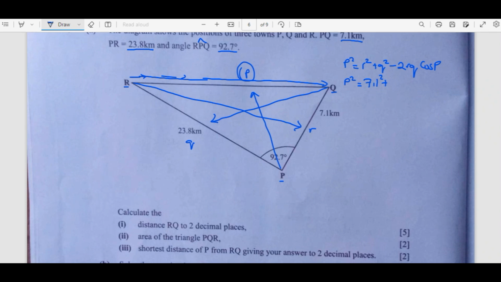Q is 23.8, so 23.8 squared, and then minus 2, and we repeat 7.1, and then again 23.8, and then we put cos 92.7 degrees. You can put them on your calculator.